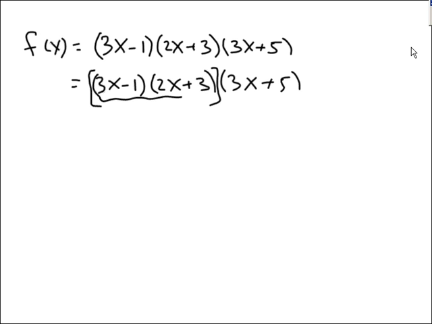So it's like that's the first function times the second function. So the product rule says, let's write it out in long form.